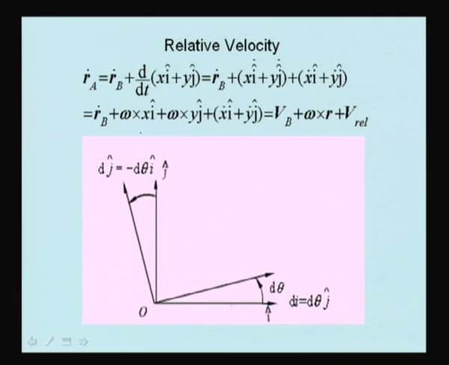Omega can be taken common, and it becomes omega cross (xi plus yj), which gives you V_B plus omega cross r plus x dot i plus y dot j. This last part can be called V relative, because this is the velocity of the point A in the moving reference frame. That is the relative velocity here, because the position vector is xy.